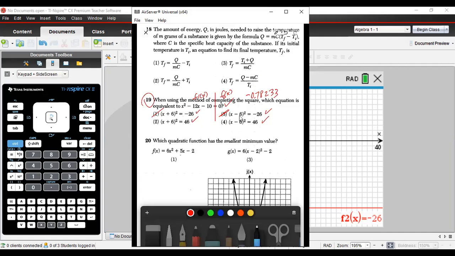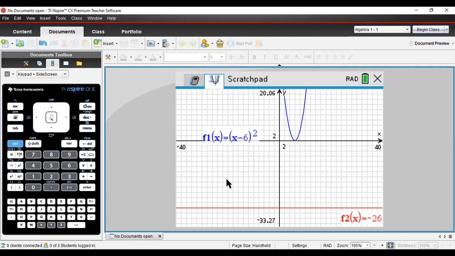So what should I do? What I'm going to do now is take this equation and change the negative 26 to a positive 46. Then I'm going to see if it has any intersection.